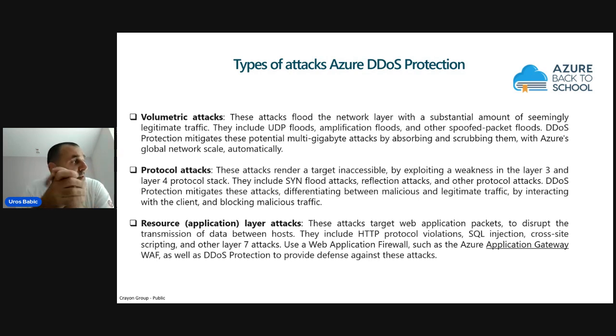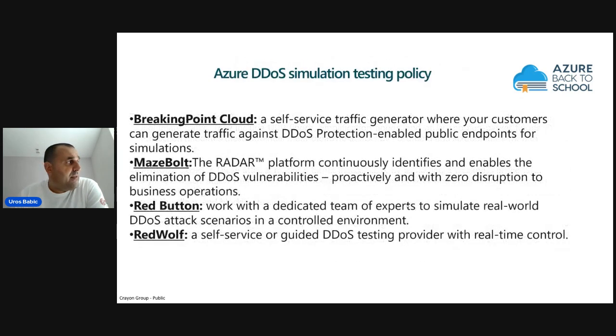And finally, on layer 7, as I mentioned, you can include HTTP protocol violations, SQL injection, and cross-site scripting, when we discuss the web application firewall in combination with Azure Application Gateway, and actually how you can best provide your strategy against this type of attack, and a lot of other attacks.